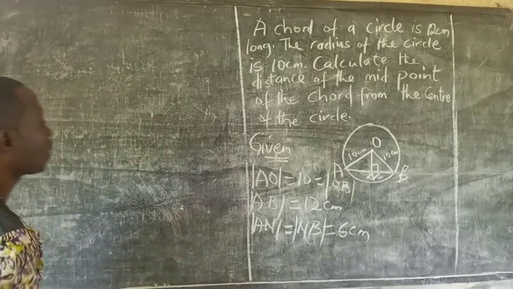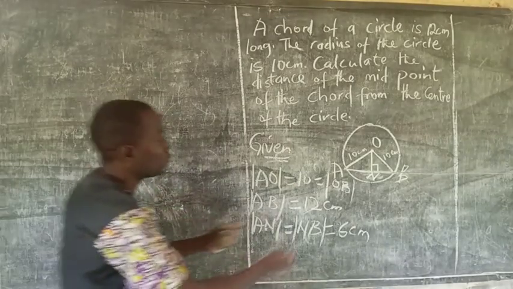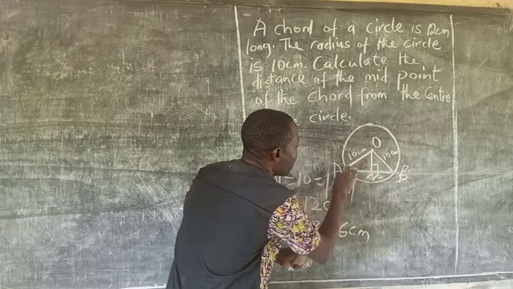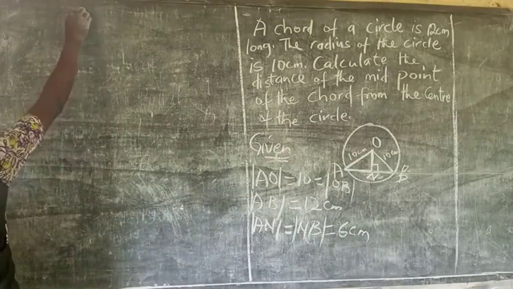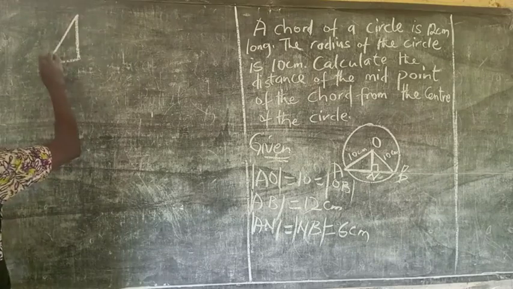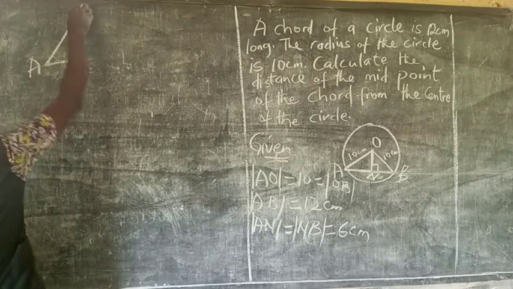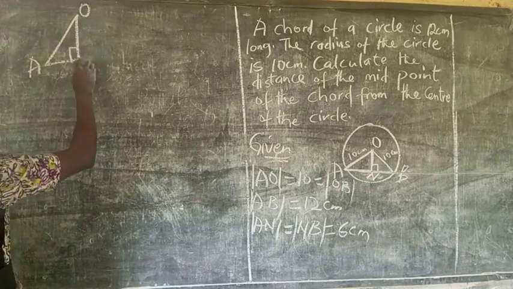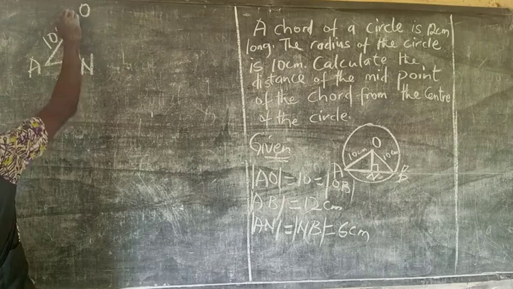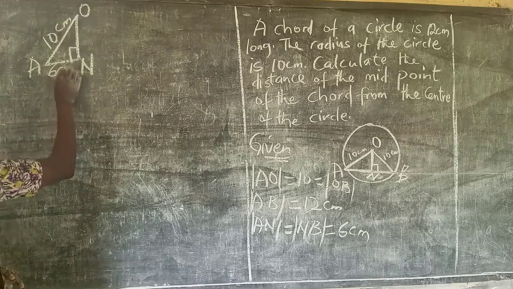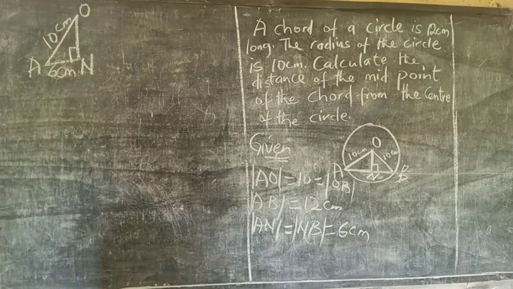Now, if I bring this part out, it will not be a wrong idea. This is the point A, this is the center O, and this is N. We are told that this is 10 centimeters, and this is 6 centimeters. It becomes clearer to us, and we can handle this with ease.